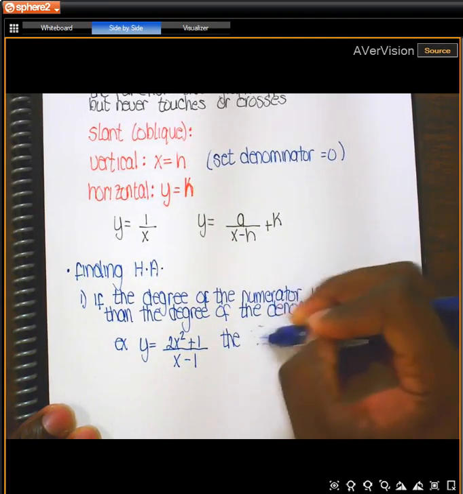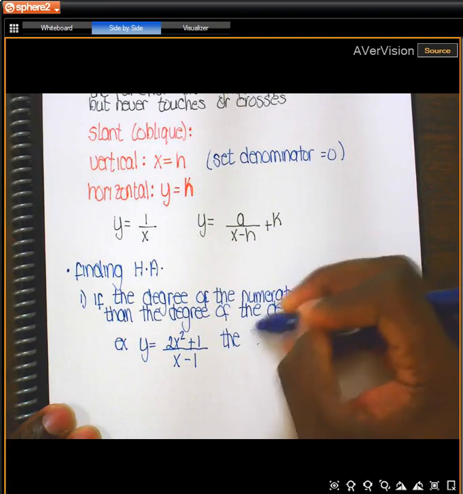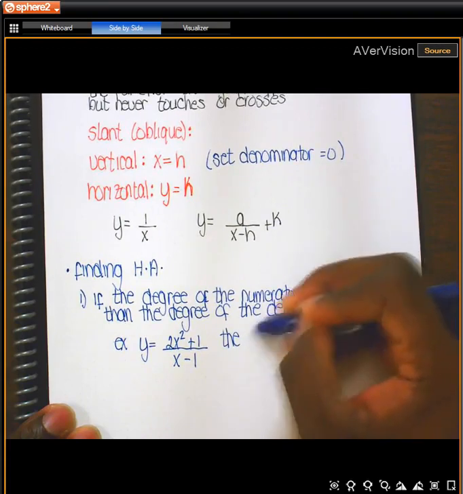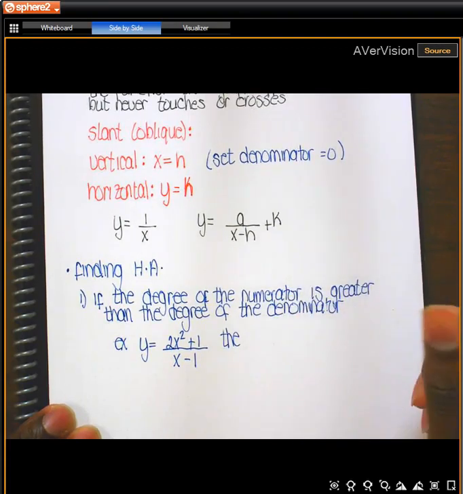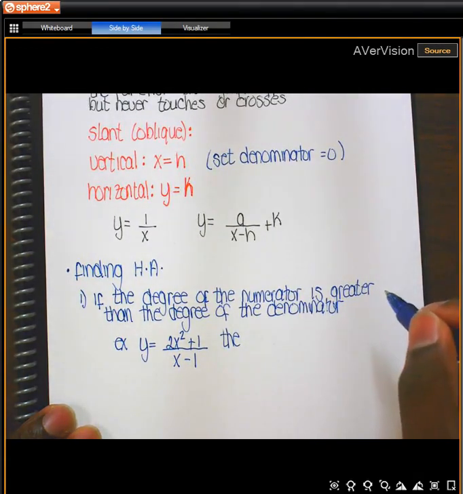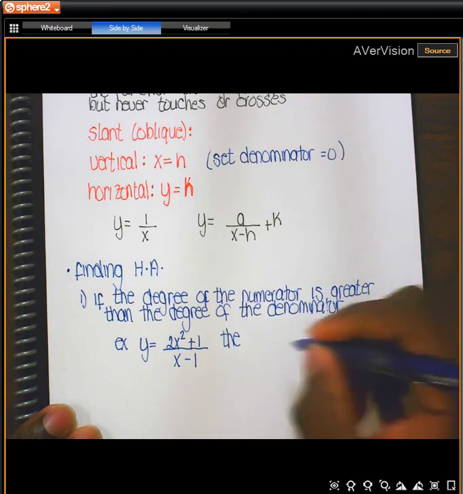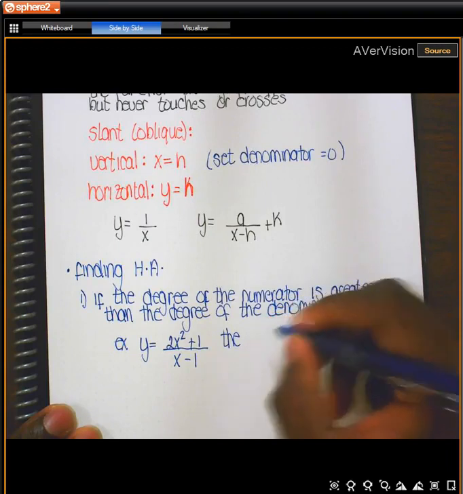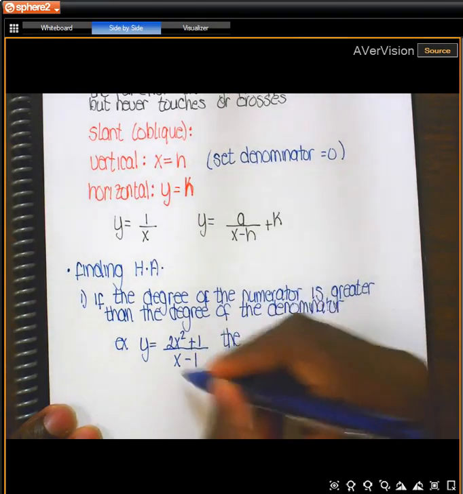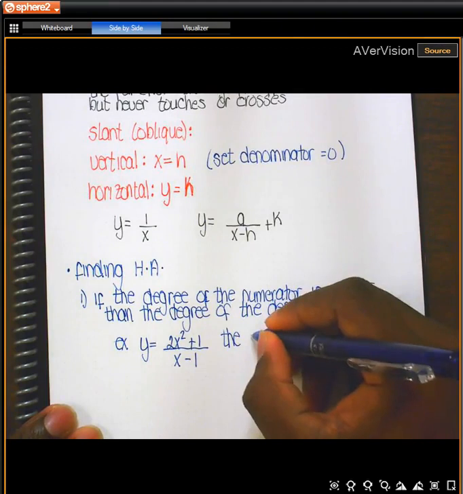Did you guys talk about this in trig at all? Do you remember what it is then? Neither. So if the degree in the numerator is higher than the degree in the denominator, then there is none.